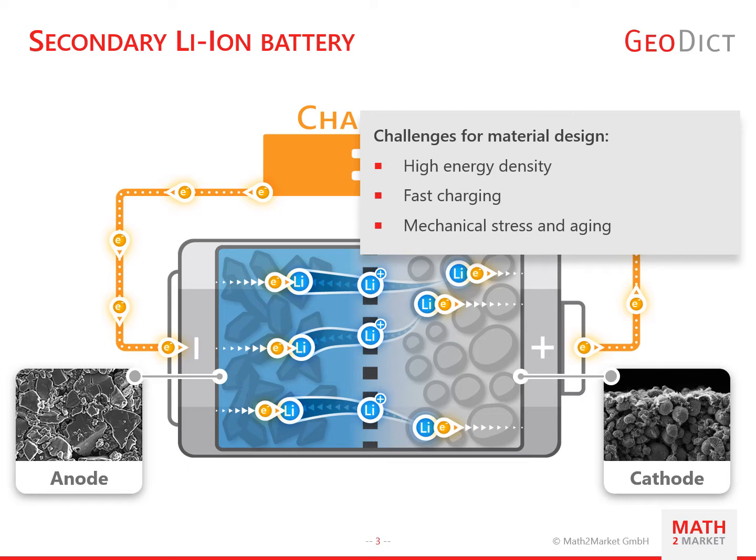And these properties also determine directly the performance of the battery cell on a larger level, on a higher scale. So you can use GeoDict to design your battery material to be well performing on higher or larger scales.